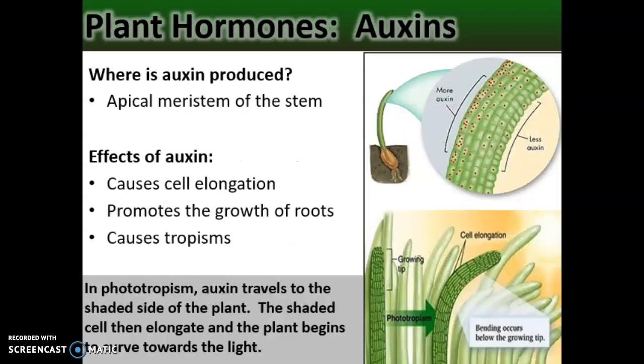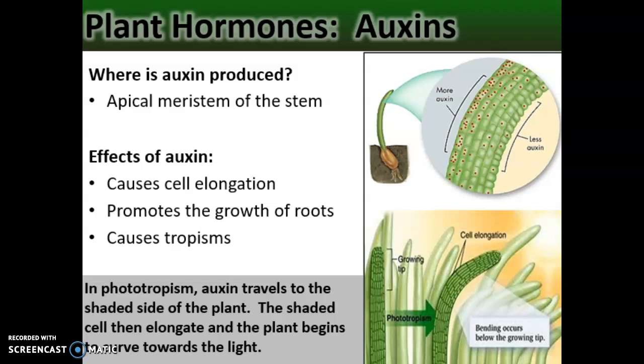So, the hormone that Darwin and his son discovered was a hormone known as auxin. Auxin is produced in the apical meristem of the stem, which is the very tip of the stem. It's the growing portion of the stem. So the effects of it, in the cells, it causes cell elongation. So it causes those plant cells to stretch out.